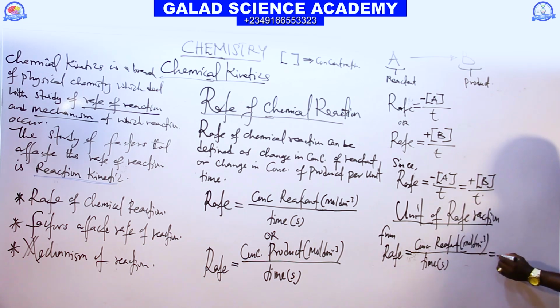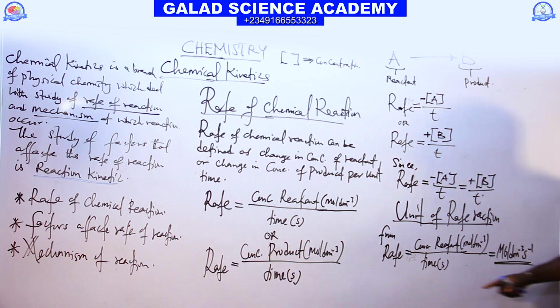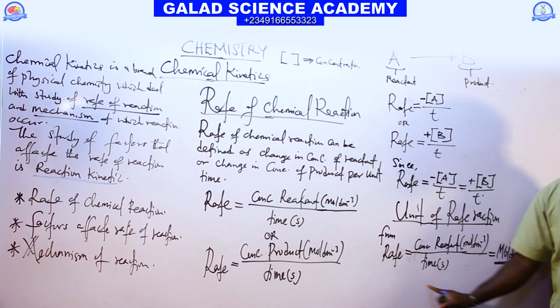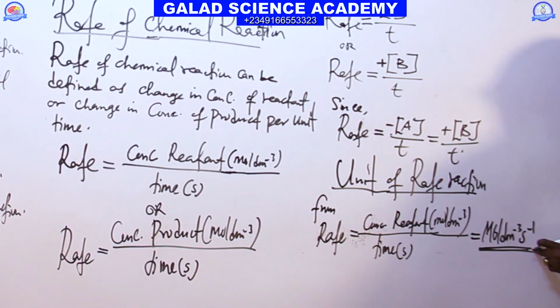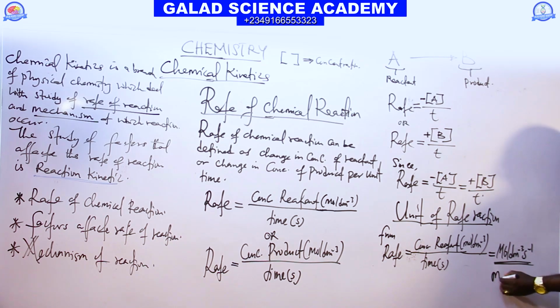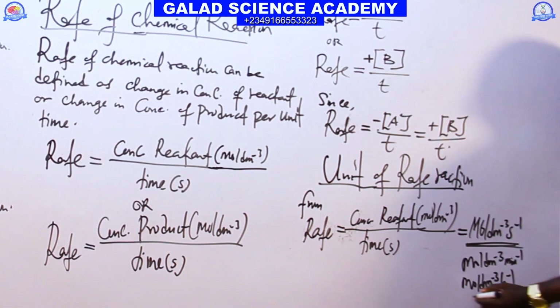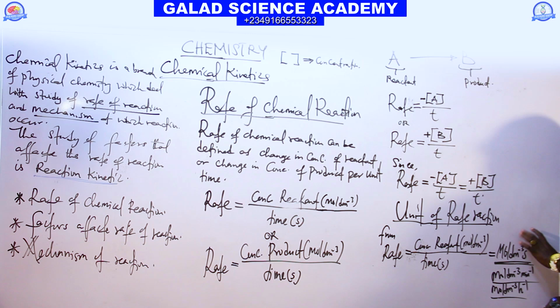So solving it further, we have mole per dm cube per second. This is the unit of rate of chemical reaction. If your time is in minutes, you can still have mole per dm cube per minute. If it is in hours, mole per dm cube per hour. But mostly it always comes in the form of per second.